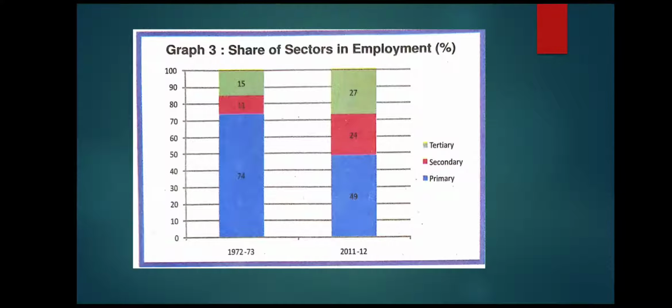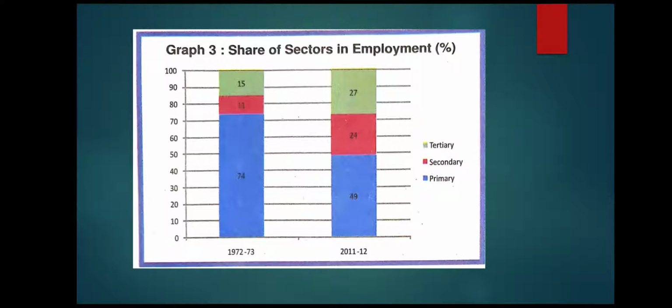Graph 3 is talking about the share of sectors in employment. So the previous graph was about their share in GDP. Now this graph is about the share of sectors in employment. So in the year 1972-73, about 74% were employed in the primary sector.